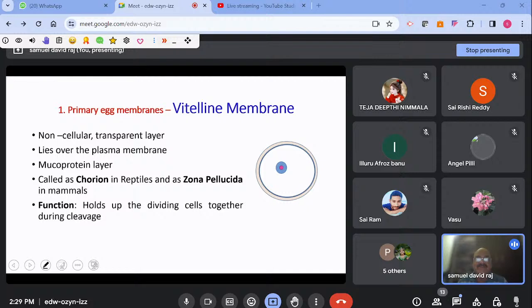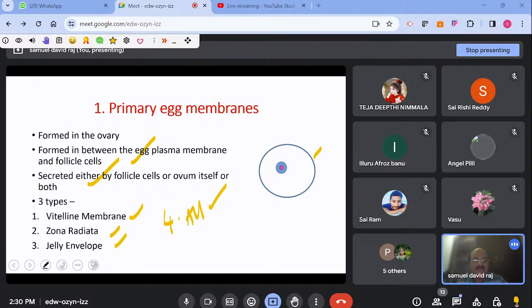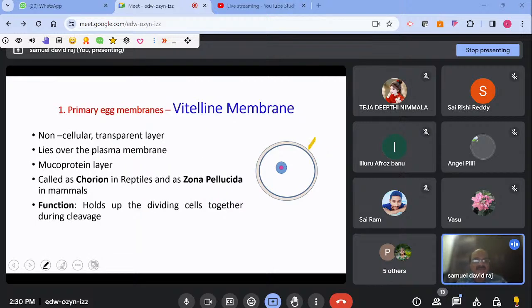First one is called vitelline membrane. Vitelline membrane is a non-cellular and transparent layer. So this is the plasma membrane above which it should be present. So this becomes the vitelline membrane. It lies over the plasma membrane and it is a mucoprotein layer.